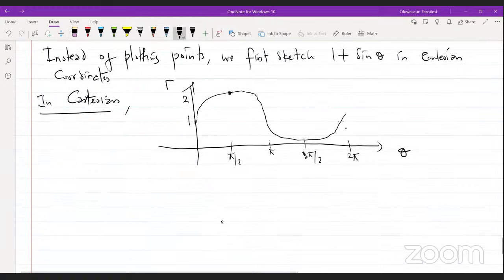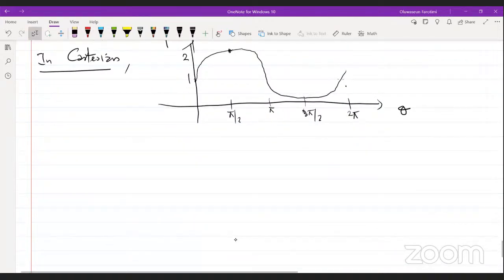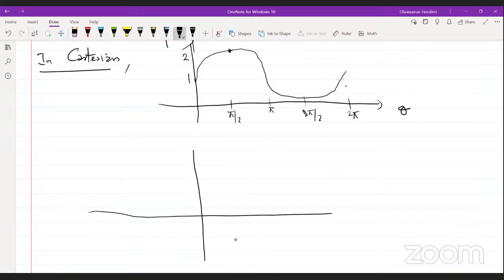Okay, but if you want to draw this guy in polar form, all right, of course, remember this guy is 0, 2 pi, right? That's this part. This is pi over 2. This is pi, and this is 3 pi over 2. Right?